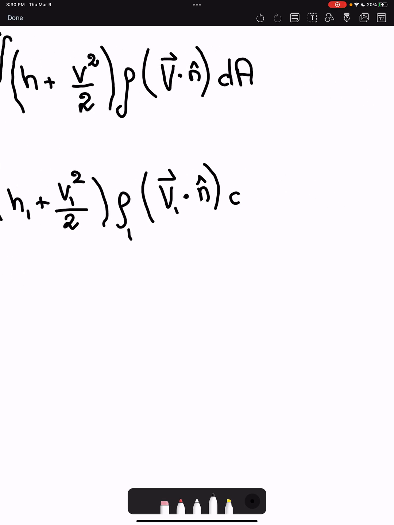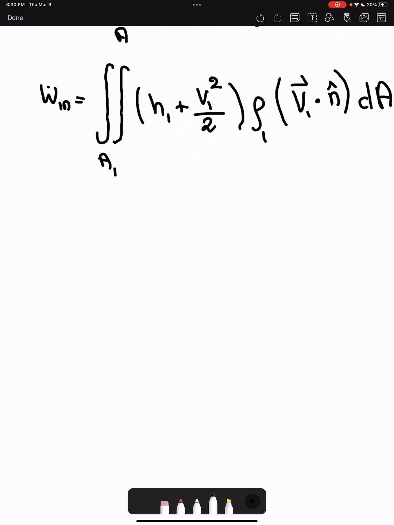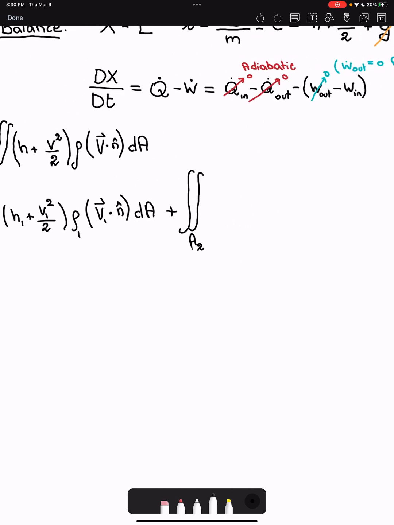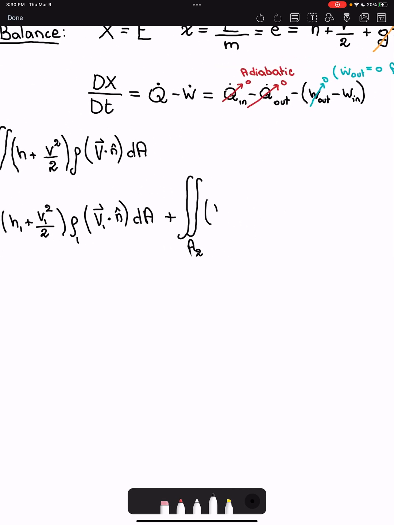where N is the normal vector to the surface, so it really doesn't distinguish between in and out, because it always points out. And then we have the other term. So we have plus a term that is the same but changes the subscripts, because it's for the outside part of the control volume. And we're assuming these are the only two parts in the control volume.